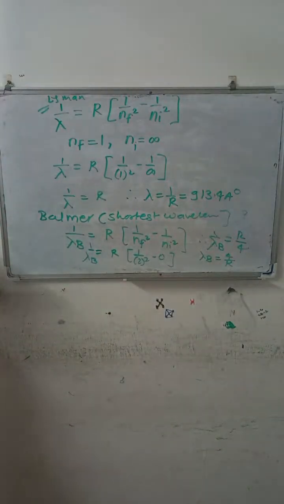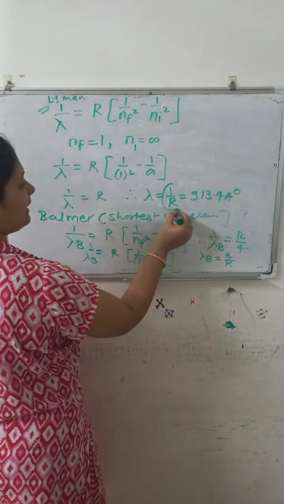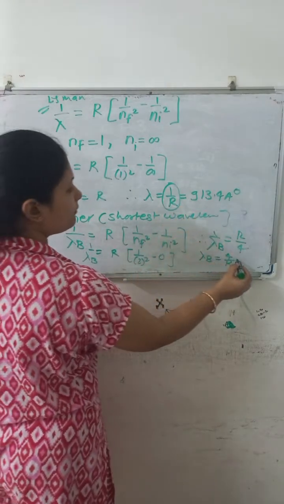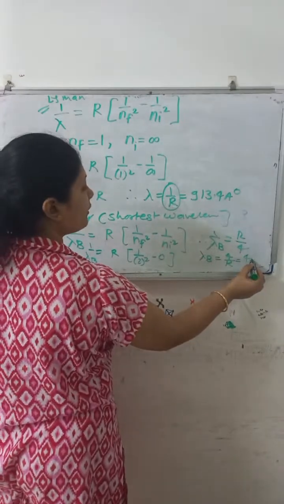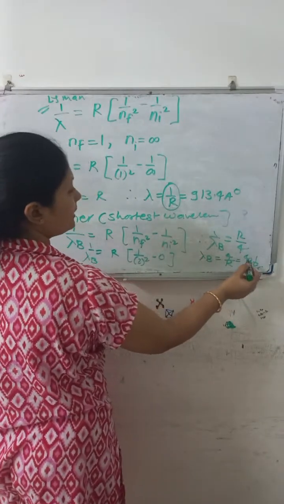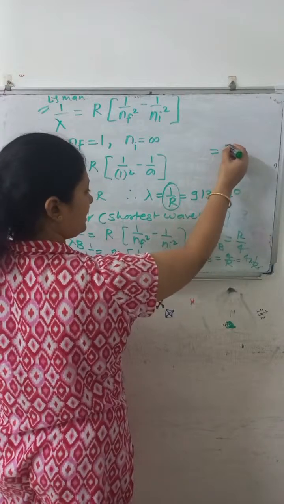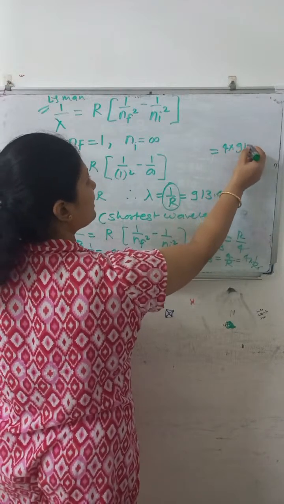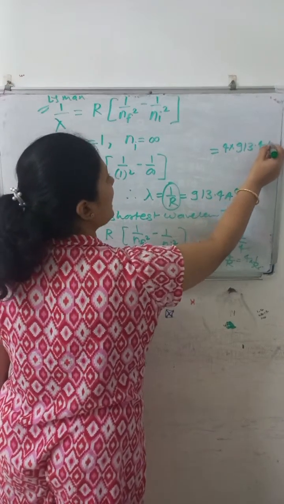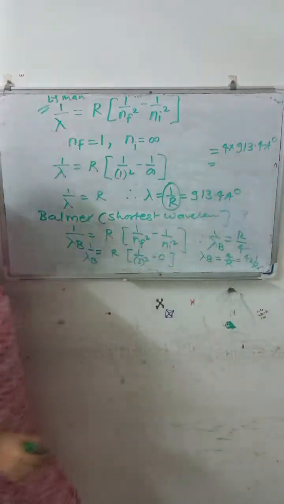Now simplify this. 1 by R is nothing but this, so I will write it as 4 into 1 by R. That means 4 into 913.4 Armstrong unit, and calculate the answer.